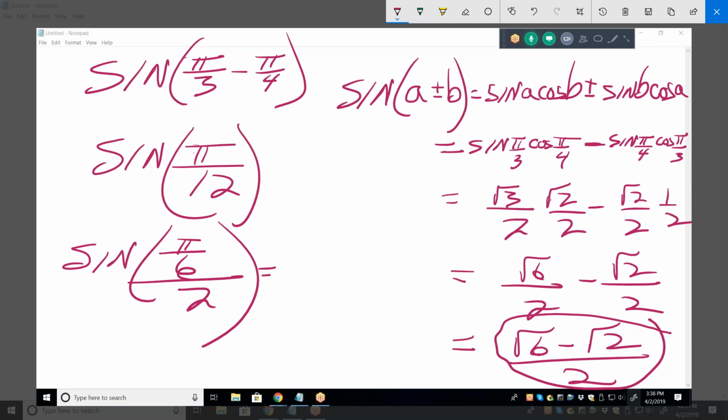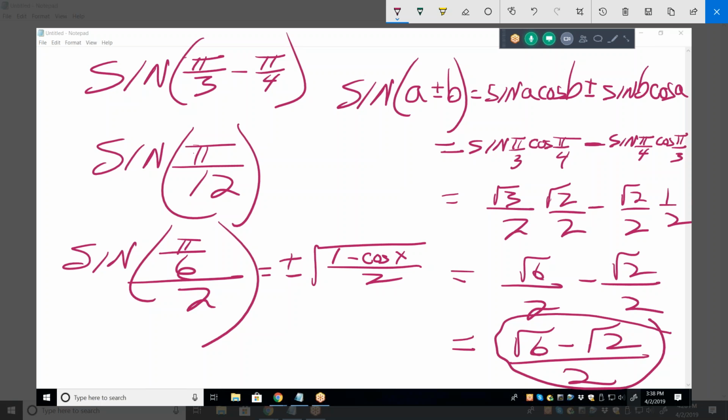And what is the half angle formula? The sine of 1/2 theta is the positive or negative square root of... Start from the beginning again. I didn't hear all of what you said. Plus or minus square root of 1 minus cosine of theta, divided by 2.